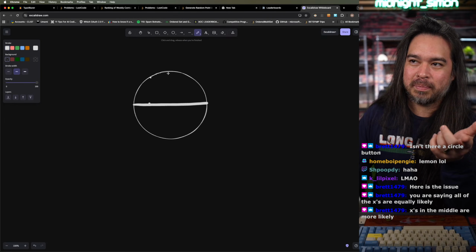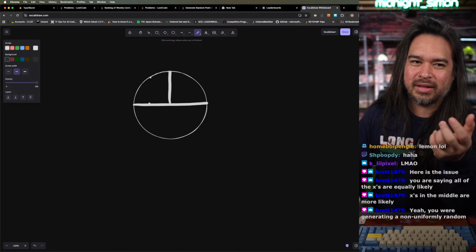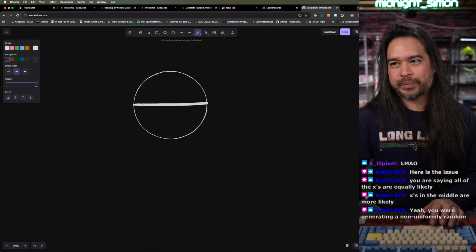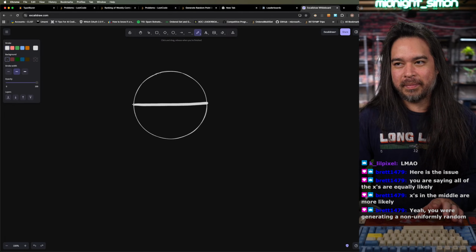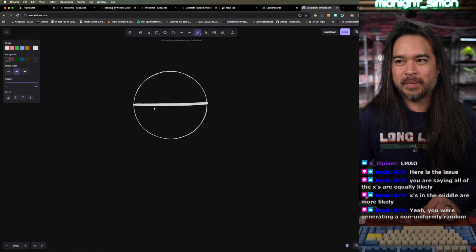Yes, because each point has more values. Like if I was dead center, then there are so many more potential X points here that it's likely something like that. Yeah, it's not uniformly random. So that is not a good way of doing it, is what you're saying.